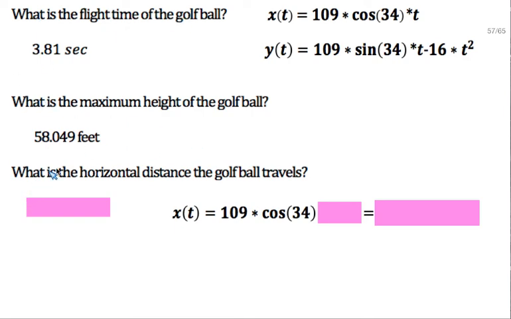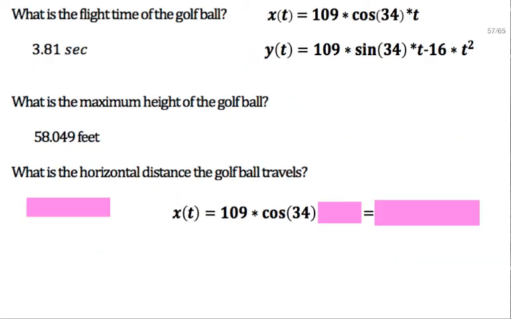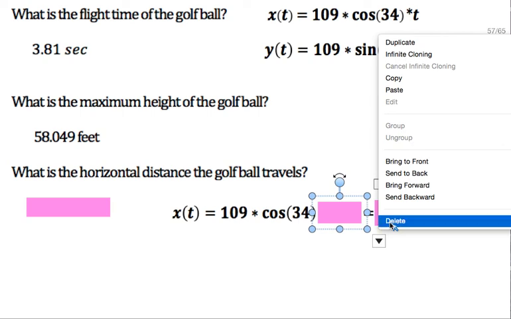Now we need to know what is the horizontal distance the golf ball travels. So far we found the time it takes to get this far. We found the maximum height. Now I want to know what is my distance from here to here. To do that, I'm going to take my x equation, and most of my students that get this question wrong, it's because they try to use half of the flight time, because that's what they did with the previous problem.